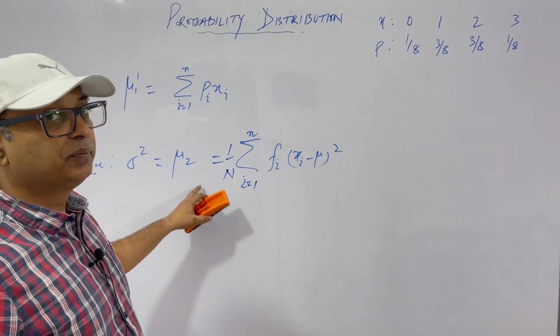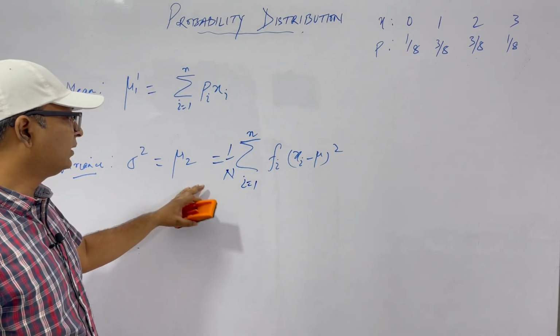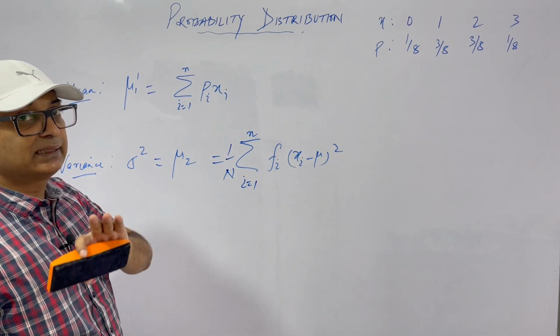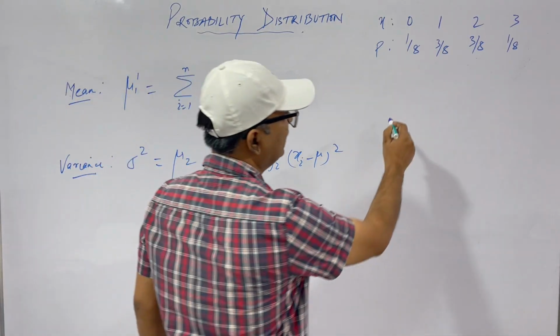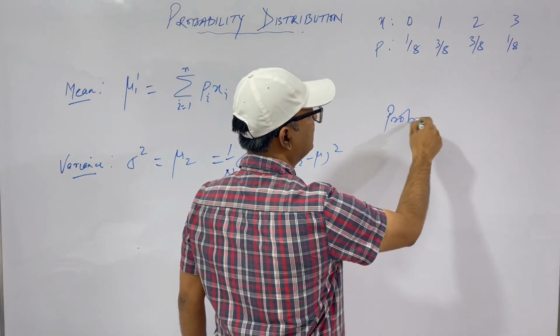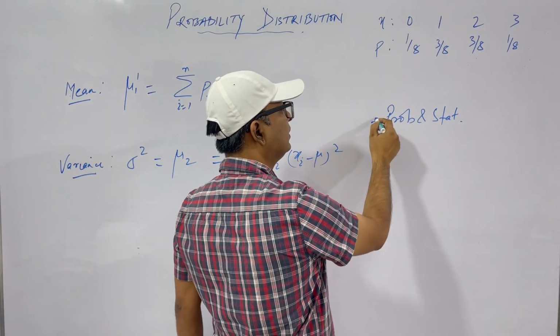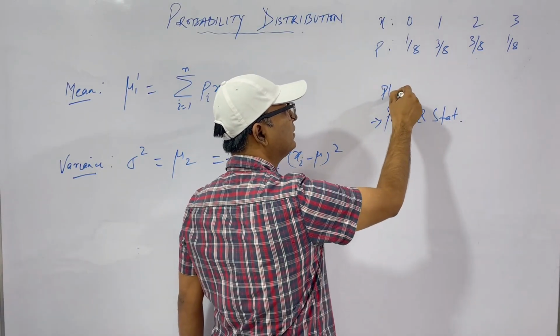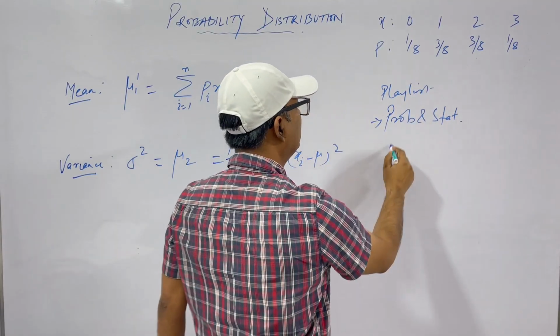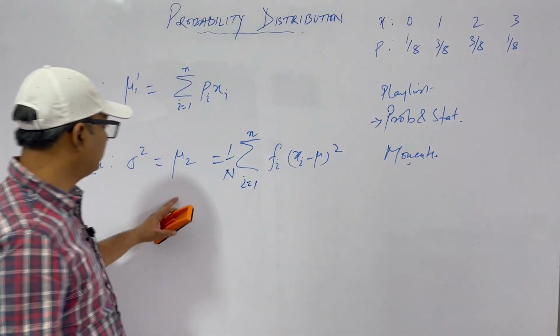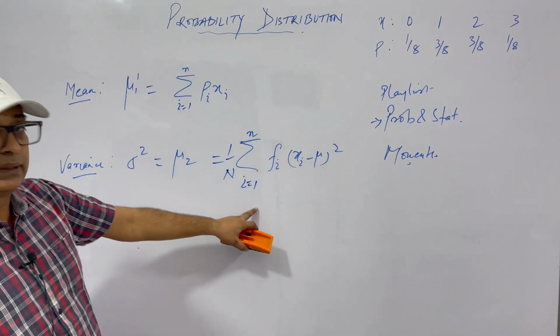This is the formula of mu2. If you are getting confused, you should go to the probability and statistics playlist, where you will find a video on moments.